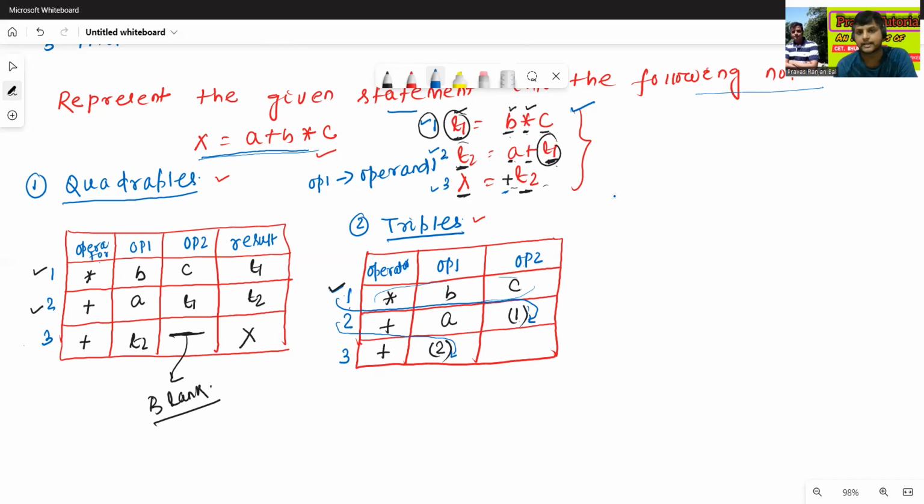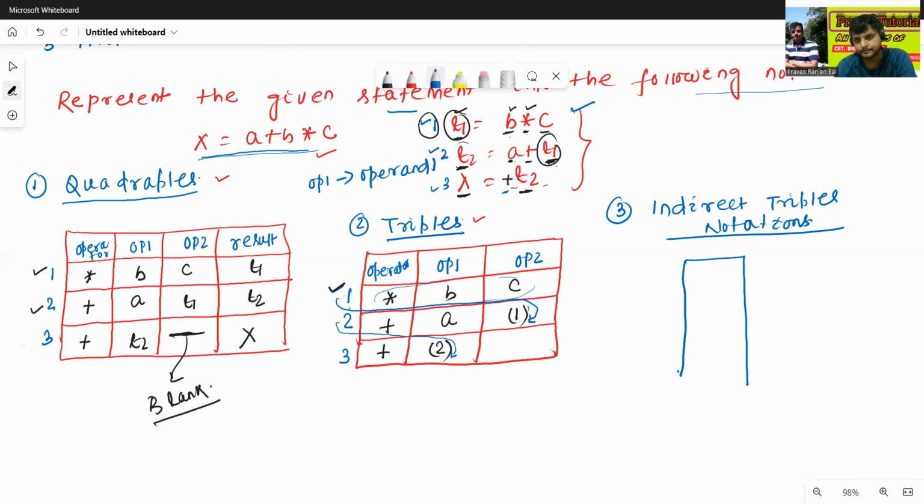Okay, so the third one is indirect triples notation. It is very easy. Okay, I'm using 100, 101, 102.